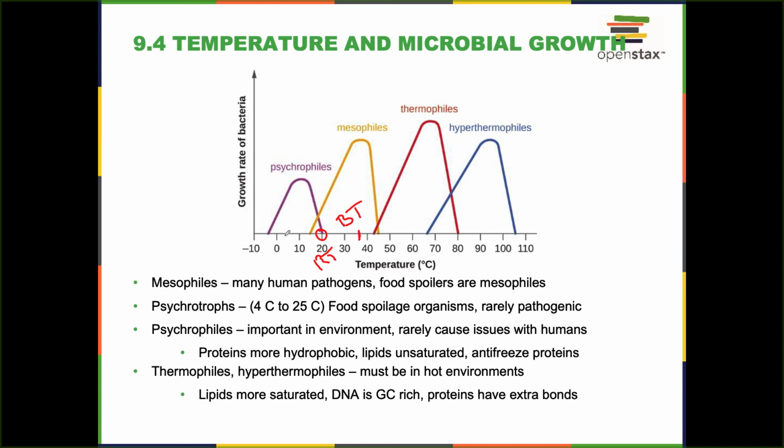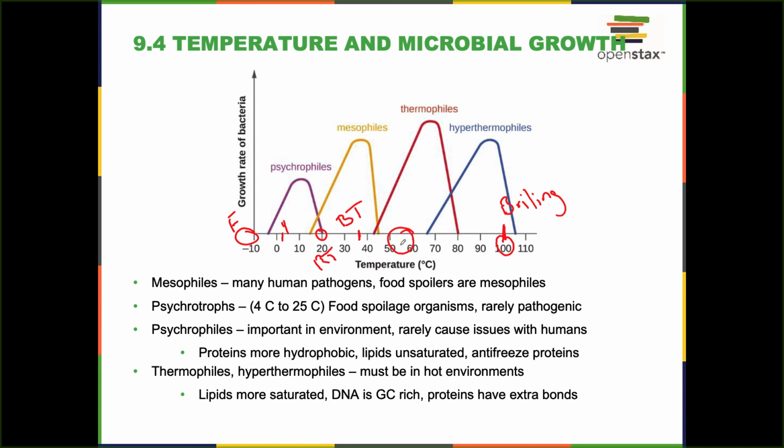Our refrigerator typically hovers around 4 Celsius. Our freezer is typically somewhere around -10 to -20. Water boils at 100, so this is boiling. Hot water is somewhere around 50 to 60.